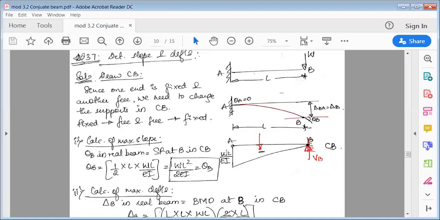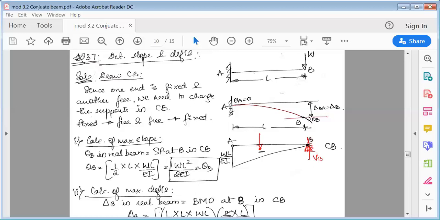So once you draw this M over EI diagram with respect to this first diagram, then just show end B as fixed support, and we are more interested in shear force, so just show only the vertical force. Actually a fixed support will have horizontal movement, vertical movement, and a third one is rotation, but a matter of interest is only the shear force.